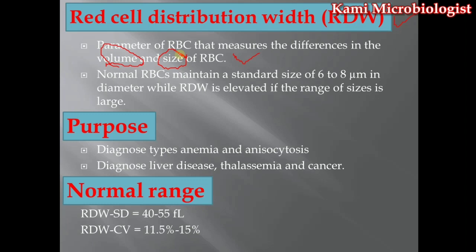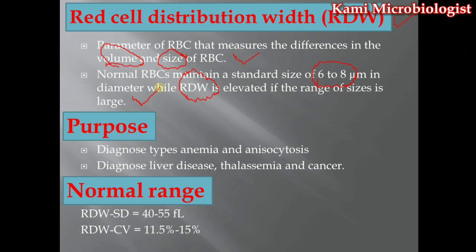All of you know that the normal RBC size is 6 to 8 micrometer in diameter, while the RDW will change due to variation in the size of RBC. Means if the RBC sizes are larger, then it may affect the RDW value.